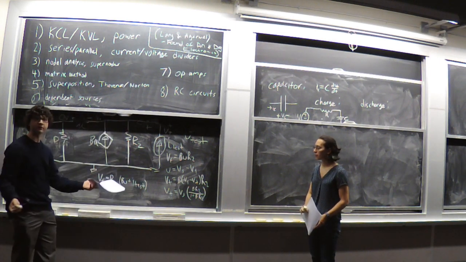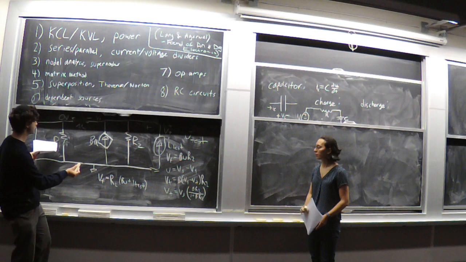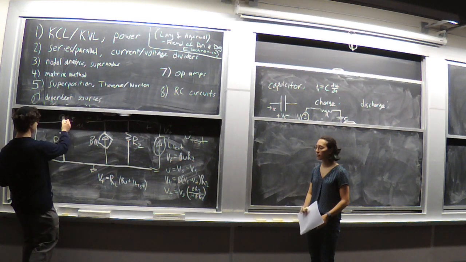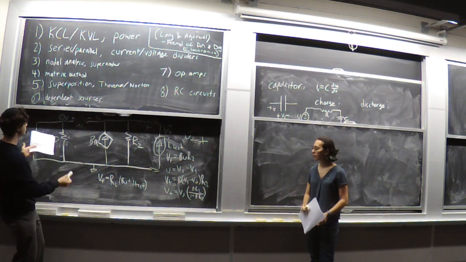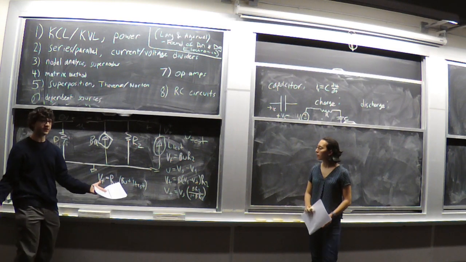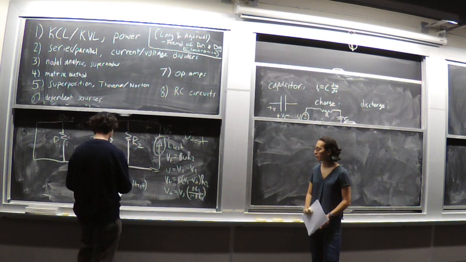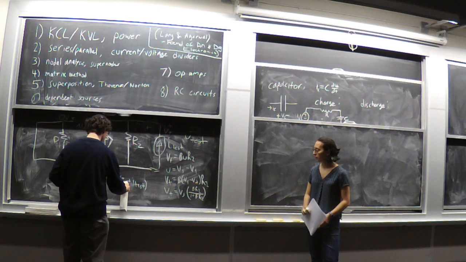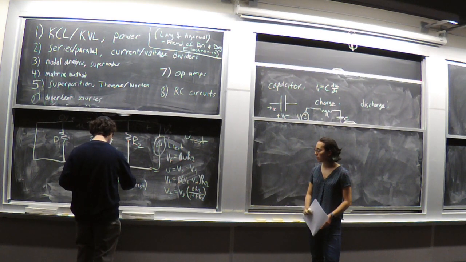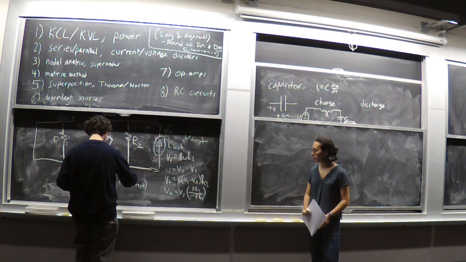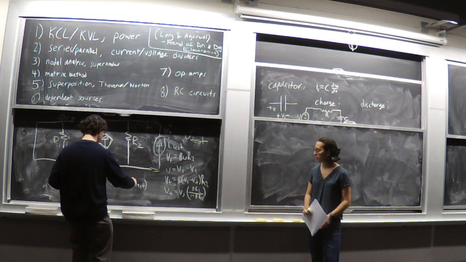Once again, we have to solve for what U is, and we can do the same trick as last time. This guy's still VT, but now this is 0. So now we see that U is actually just negative VT. So I'm going to go in here, and we get a minus VT, and the rest stays the same.